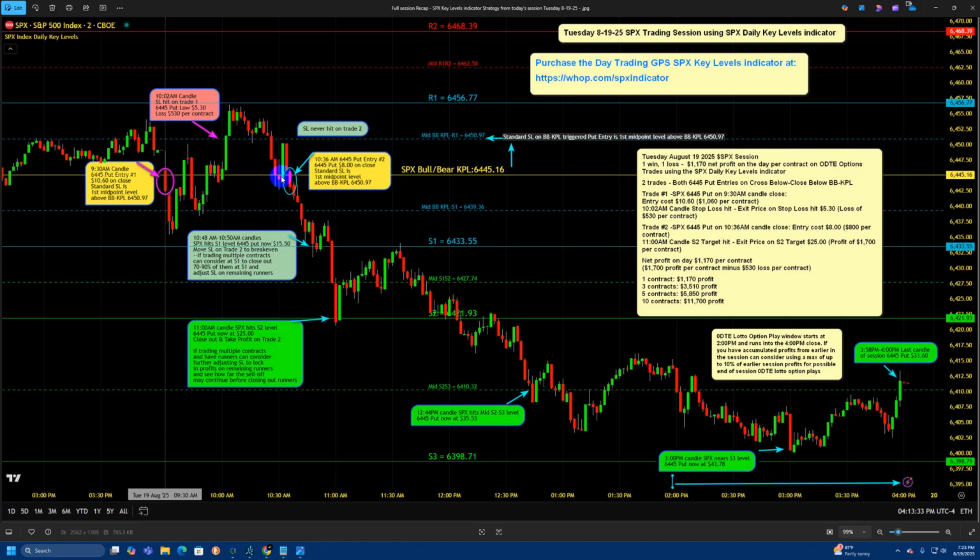Then we're looking for, at this point, since we've gone through the initial thrust down, additional confirmation. So we don't get that here, but then we get another down candle here, and then we get a confirmation candle here. So this is your second entry here on the 10:36 candle.